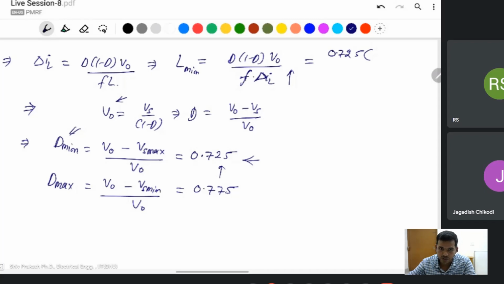If you reduce below 0.275, then the output voltage will not be constant. That's why the minimum is 0.275 duty ratio. Take this one only.